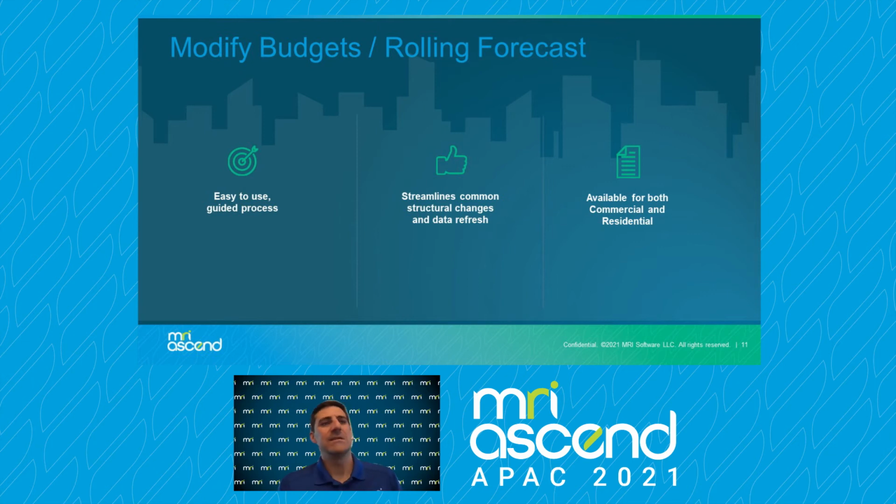Even without seeing the demo that we quickly showed you, I would put money on that a good majority of our users would be able to easily go through the process of modifying a budget and rolling a forecast forward and not have that many issues.